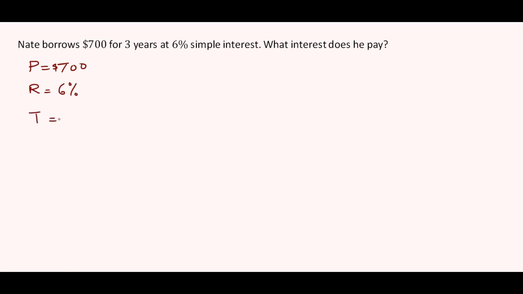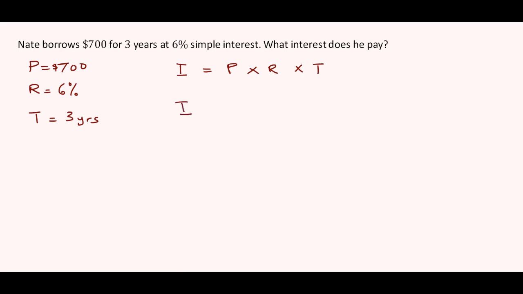Our time is 3 years. So now we're going to plug in the formula. We're going to indicate what the formula is. Our interest is principal multiplied by rate multiplied by time. So now we're going to substitute next.